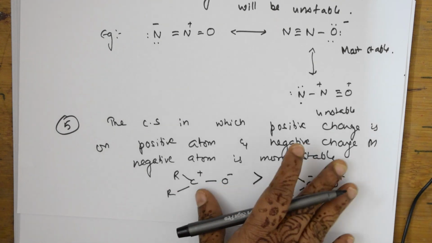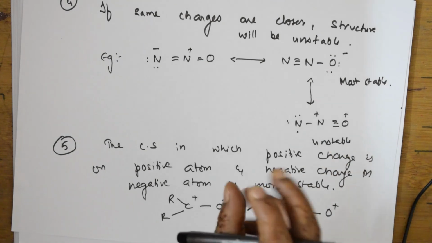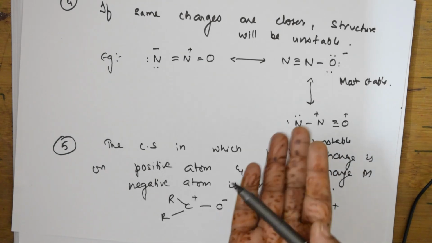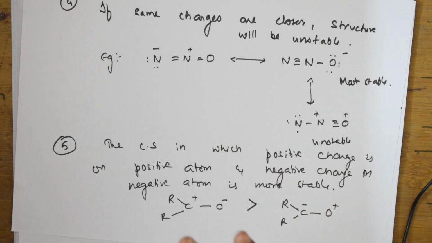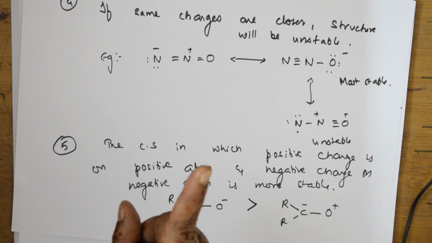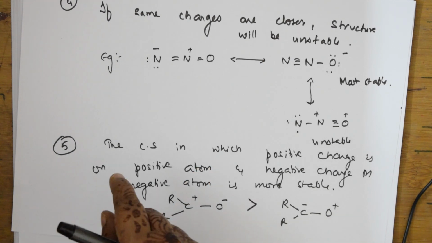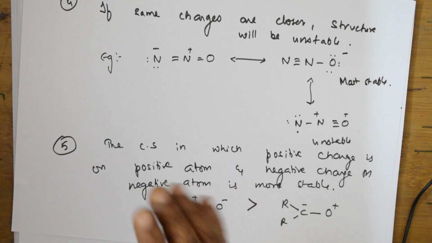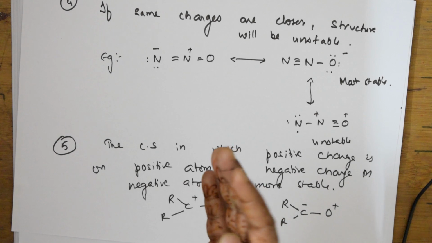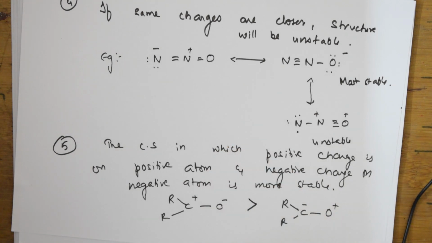So let us recollect once again. Whenever you're writing, the stability order is: non-polar structures are always more stable than polar structures. Point number 1. What is the next important thing? Greater the number of covalent bonds, greater will be the stability. What is the other one? If positive charge is present in the positive atom and negative on the negative, then again it is stable.